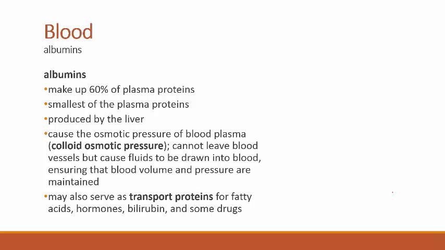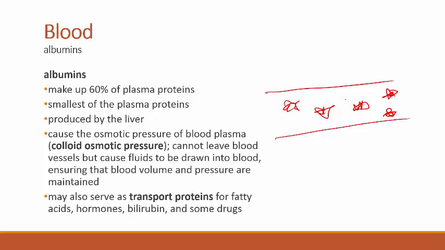So when we talk about osmotic pressure, I'm drawing here a blood vessel with all of these albumins dissolved in it. Osmotic pressure is always the pull that it creates to draw water toward whatever the fluid is.